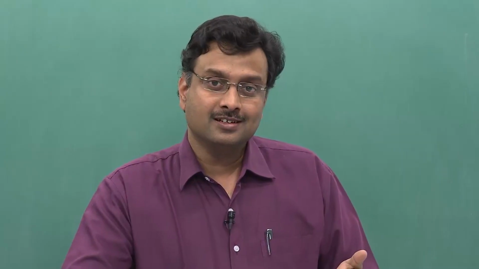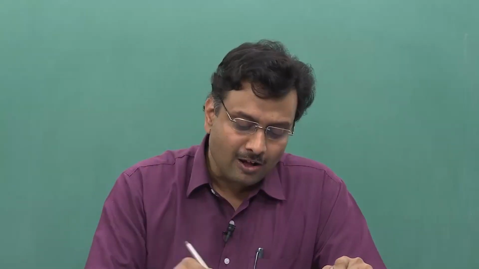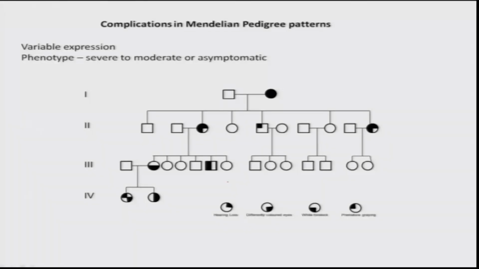That is, you have the disease or the symptoms, but it may not be that severe. It could be milder in some individuals, it could be very severe in some, it could be moderate, and that also can be denoted in the pedigree like what is shown here. For example, you could use different types of filling. For example, this is a severely affected individual, not that severe, somewhat milder, and these are very mild phenotype.